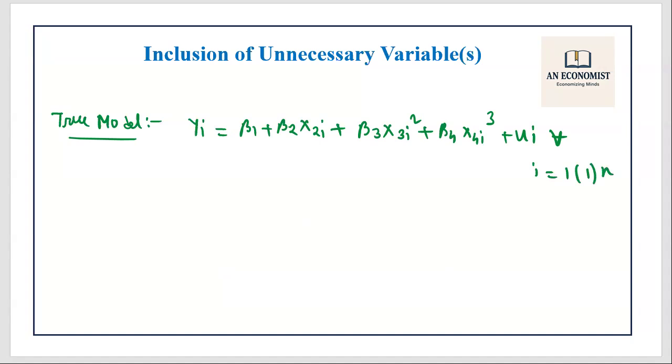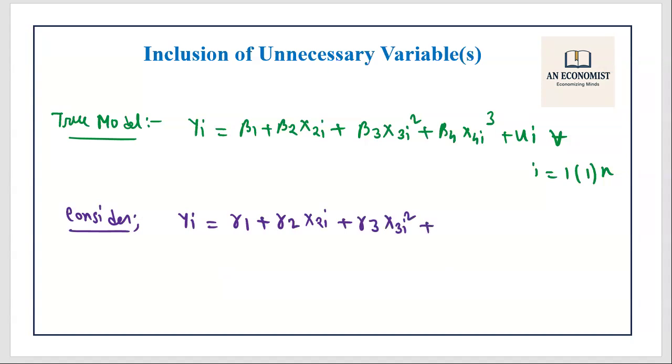But instead of using this true model, you consider the following model: y_i equals gamma 1 plus gamma 2 x2i plus gamma 3 x3i square plus gamma 4 x4i cube plus gamma 5 x5i to the power 4 plus u1i, for all i from 1 to n.